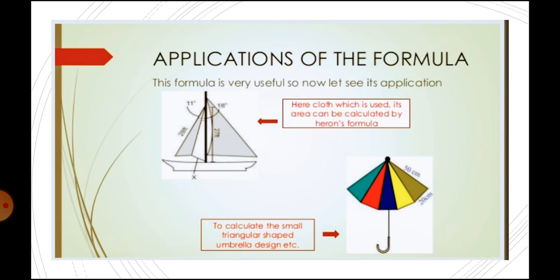Now let us move further and apply Heron's formula in application. To find the area of a triangle, this formula is very easy. Heron's formula is also used in calculating the area of quadrilaterals whose sides are given to us and one of the diagonals is also mentioned.